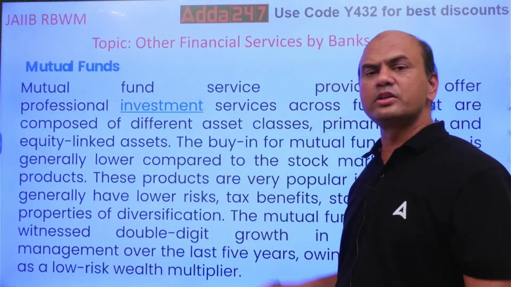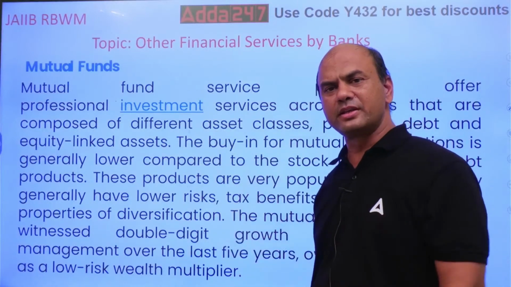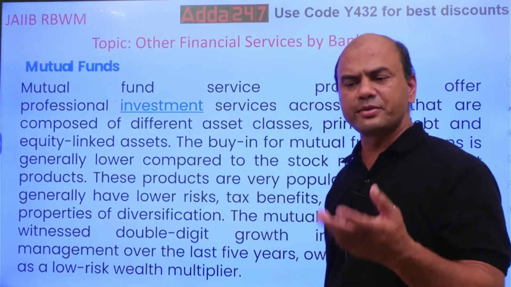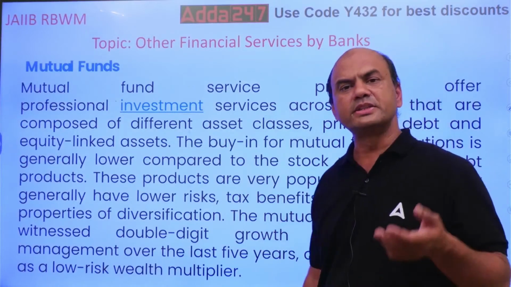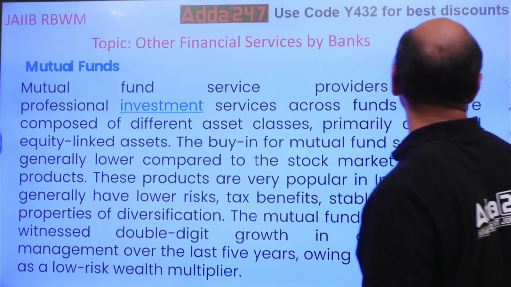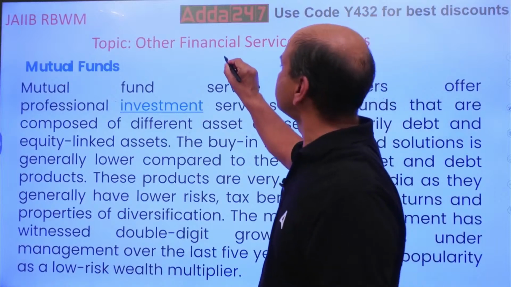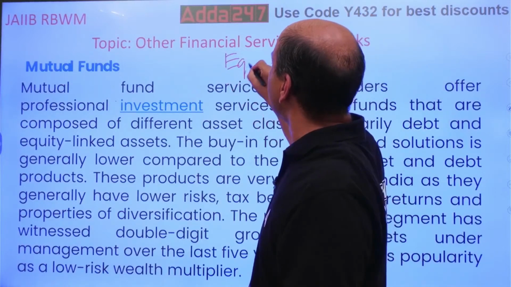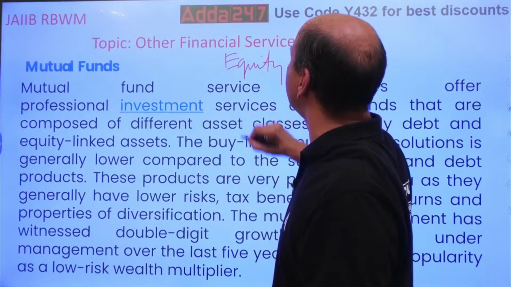Mutual funds. This is a common service which you all might be selling, isn't it? Three types of mutual funds are there: equity, debt, and liquid. Equity means completely related to shares.